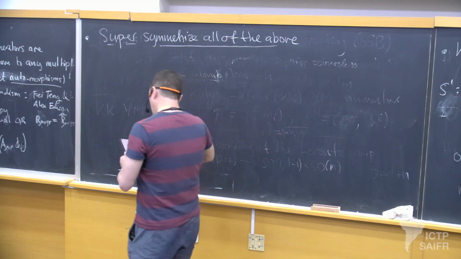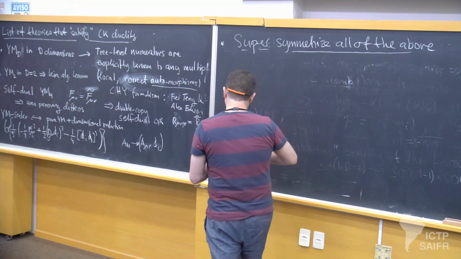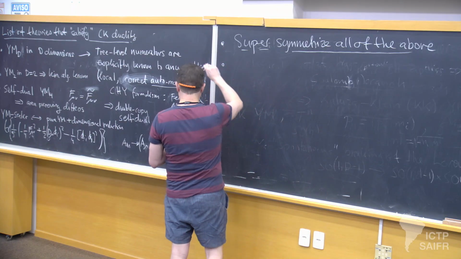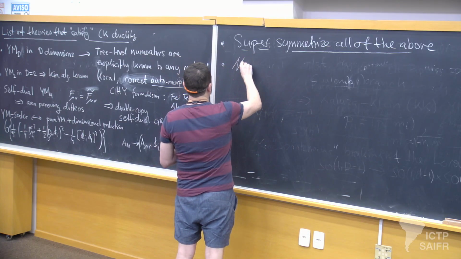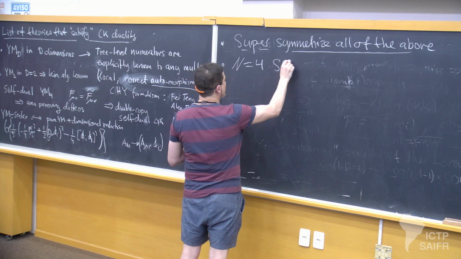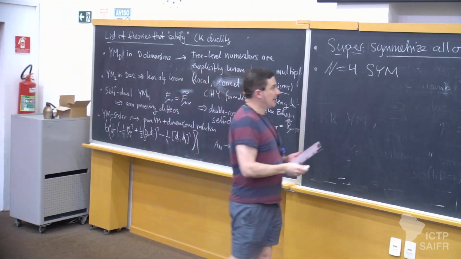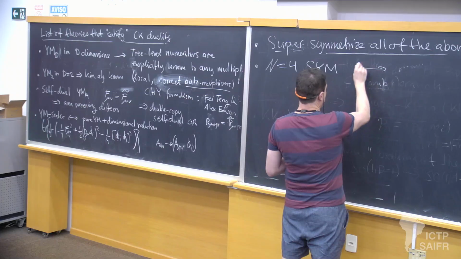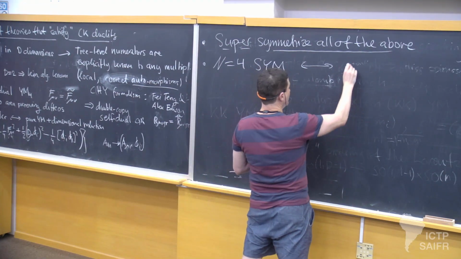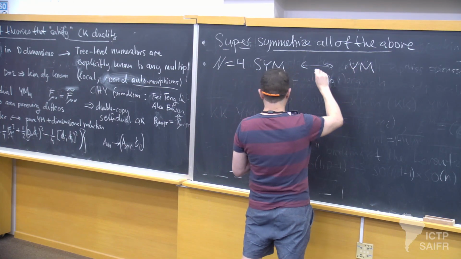So this means that we can then also declare N=4 super Yang-Mills to obey color-kinematics duality at tree level, essentially because the tree-level amplitudes are related to Yang-Mills by SUSY Ward identities.